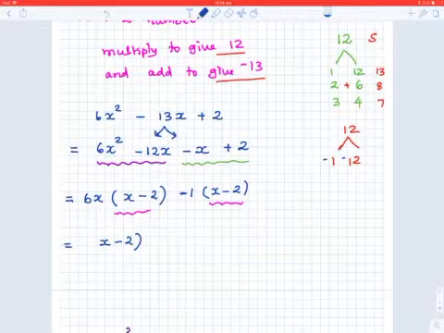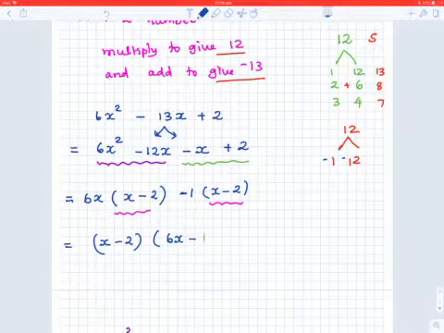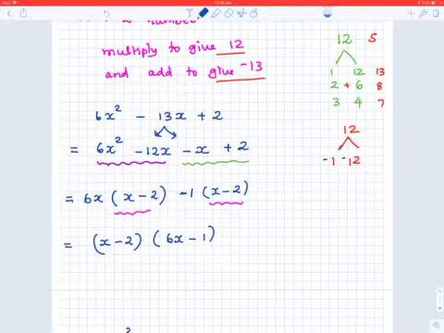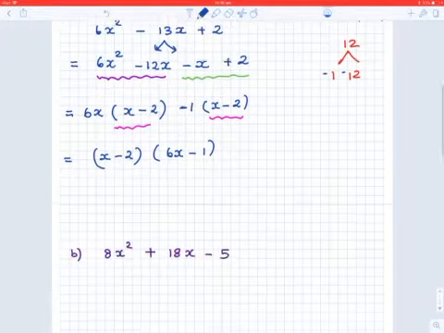That makes x minus 2 outside. This 6x is left in the first term, take away 1. So this is the factorization: 6x squared minus 13x plus 2 can be factorized as x minus 2 times 6x minus 1.